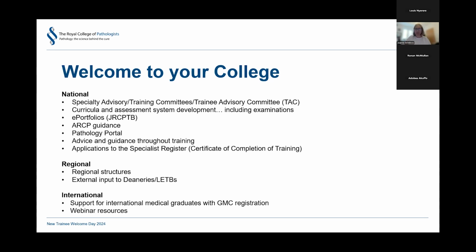E-portfolio. So for infection training, the JRCPTB deliver the infection portfolio for all of you. So there's no split portfolio. You go to the Royal College of Physicians. You've probably already got the portfolio anyway because of internal medicine training, and you carry on using that portfolio.